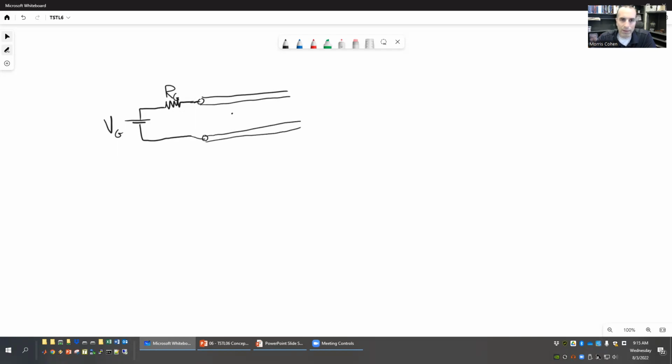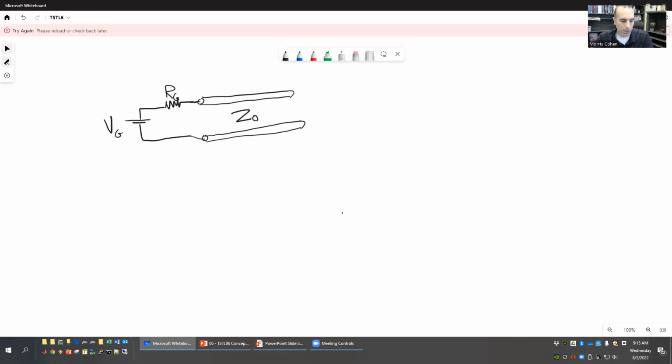This transmission line has an intrinsic impedance Z0, and at the end, it's terminated with some resistor, which we're going to designate as RL. This resistor could be the input to a logic gate, or a transistor, or an op amp, or whatever circuit is next, beyond the transmission line after some trace or some cabling.